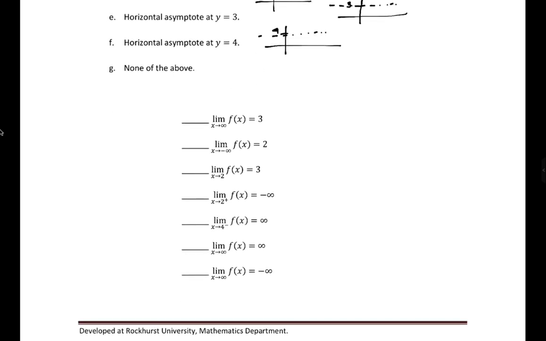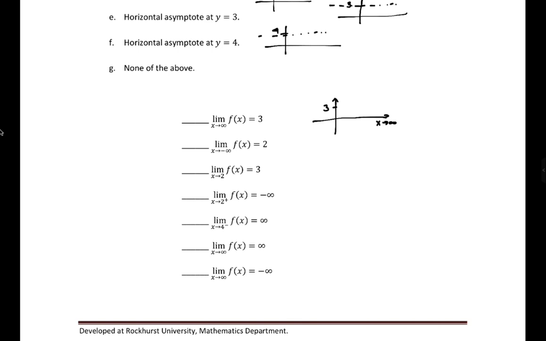Okay, and then I can also imagine a function corresponding to each of these limit statements, and after I draw what it looks like, I can see which one it matches above. For the first one, we have the limit as x approaches infinity of f of x equals 3. So what I know is that x is going to be approaching infinity, and y is going to be approaching 3.